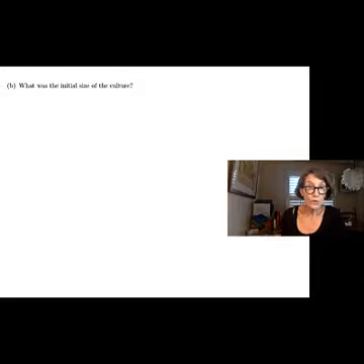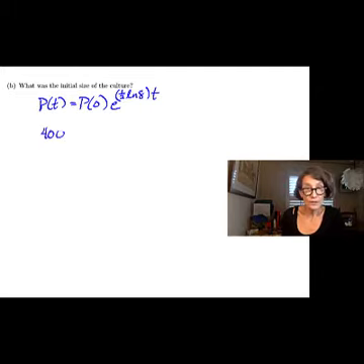We can use one of the populations that we were given, so let's use P of 2. P of t is P of 0 times e to the kt, where k is 1/2 natural log of 8. So P of 2, which is 400, is P of 0 times e to the 1/2 natural log of 8 times 2. We can simplify that exponent.